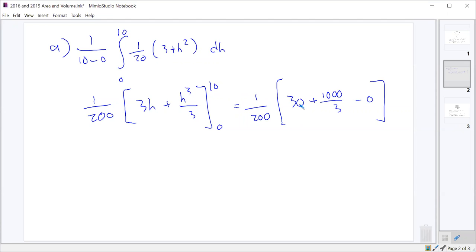And let's see, 30 should be 90 thirds, right? So we got 1,090 thirds, or 1,090 over 600, which we could make into 109 over 60.